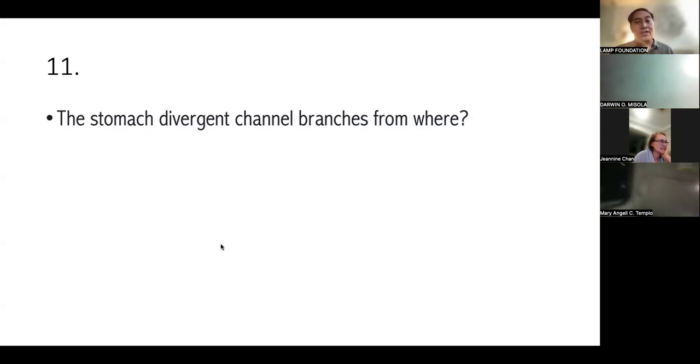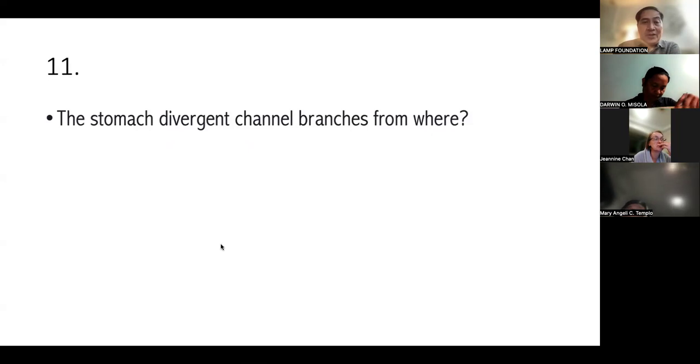Where does it branch from? The thigh. Yeah, the middle of the thigh. So magbabranch siya, aalis siya sa middle of the thigh. Kaya yung iba, try nyo yung mga sumasakit sa middle of the thigh.